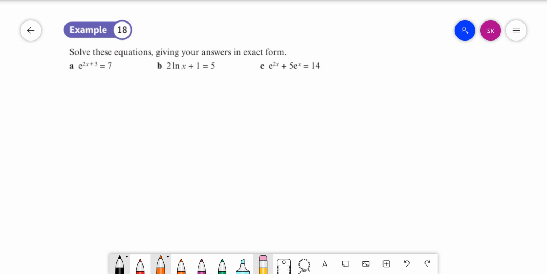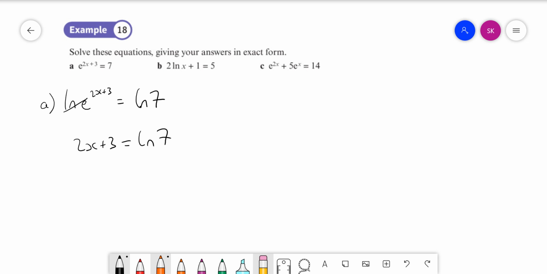All right, so A, I can see I've got e to the power of something equals 7. So I'm going to take a natural log of both sides. And as I said before, the ln and the e cancel, and we're left with 2x plus 3 equal to ln 7.